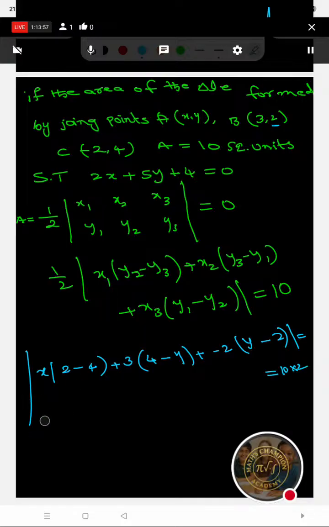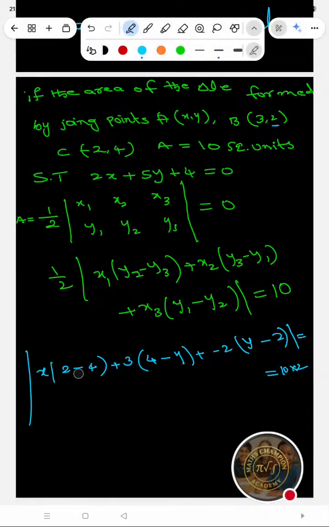If you multiply, 2 minus 4 is minus 2, so minus 2x. Again 3 times 4 is 12, minus 3y. Then minus 2y, and minus into minus gives plus 4, is equal to 20.